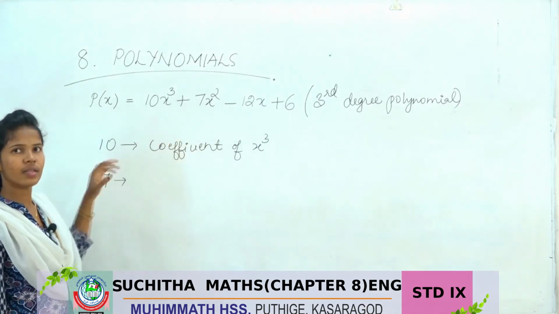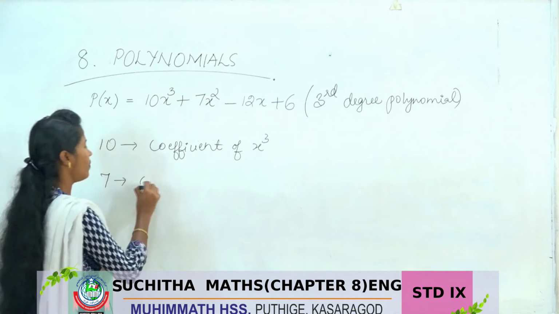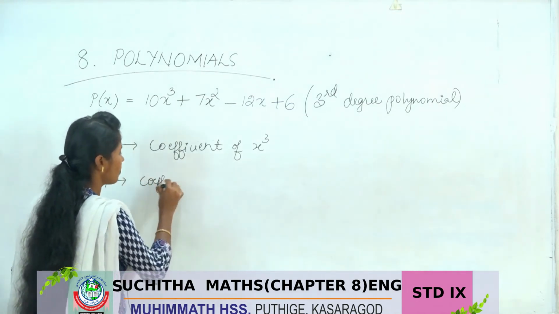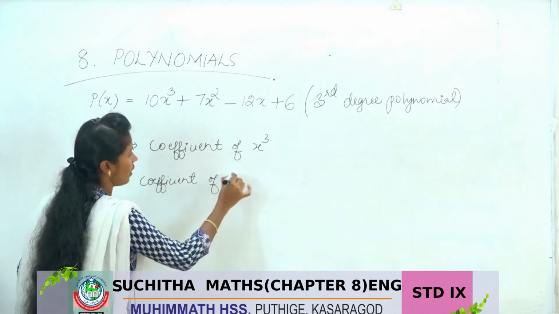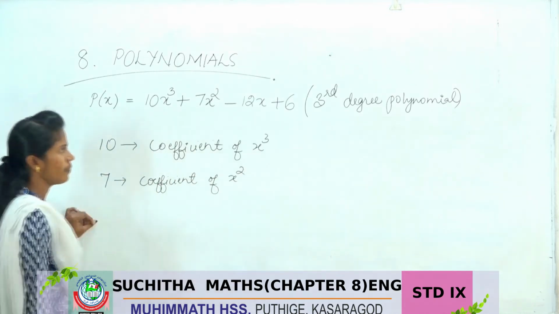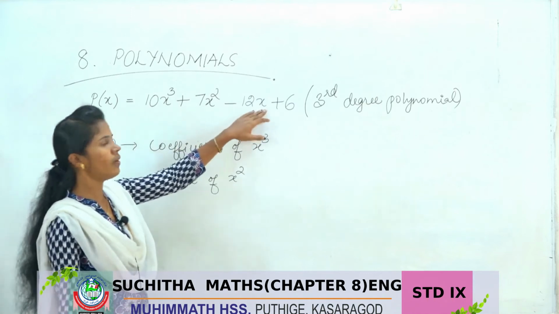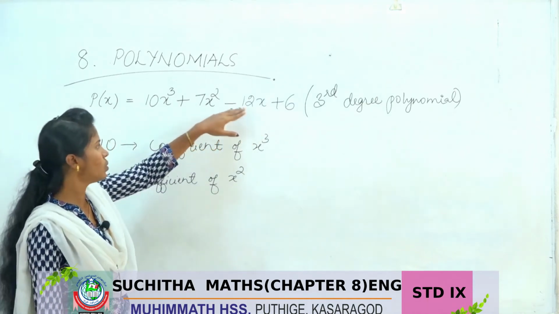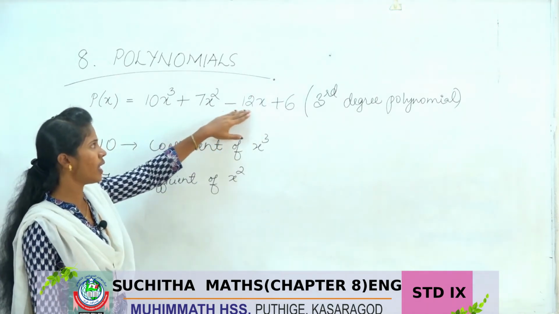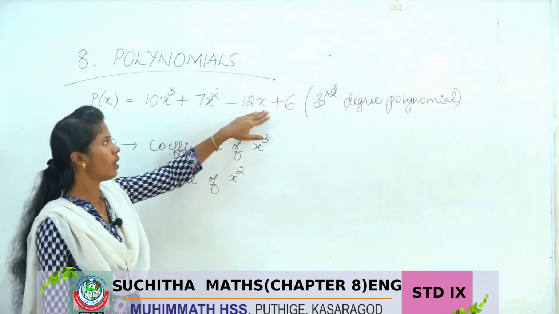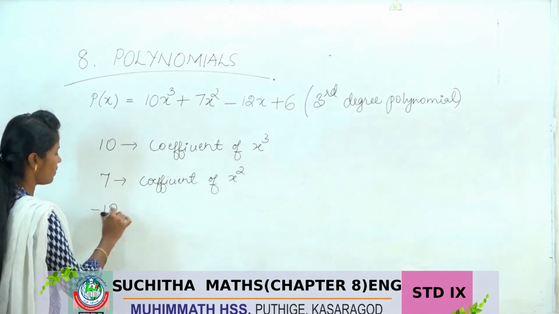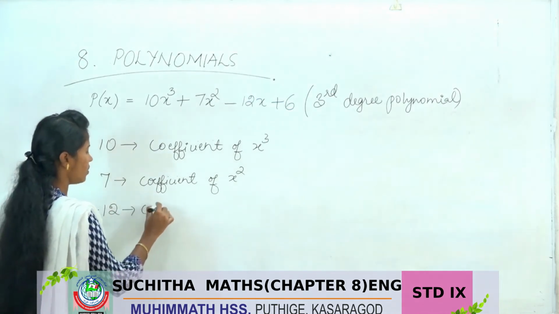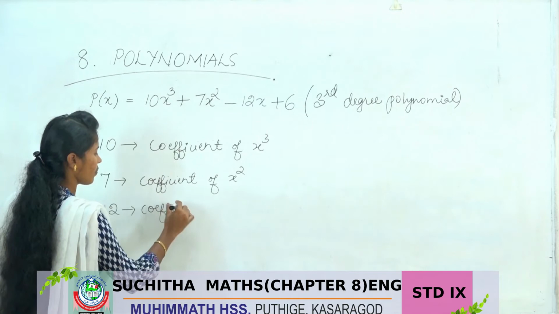So here 7 is called coefficient of x square. Then the coefficient of x is 12 and the sign of 12 is negative, therefore coefficient of x is minus 12. So minus 12 is called coefficient of x.